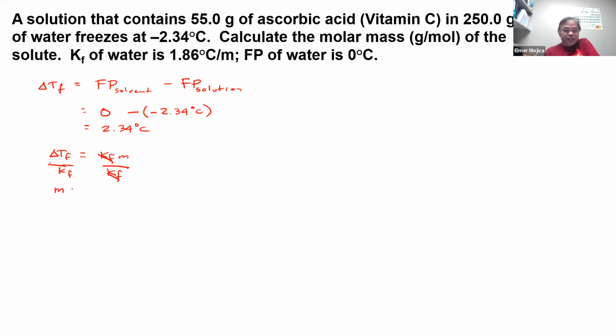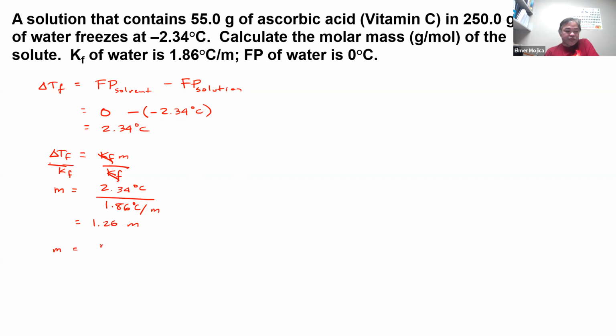So molality is equal to delta TF over Kf. So I can put 2.34 degrees Celsius divided by 1.86 degrees Celsius per molar. And if I do the operation here, I will have 1.26 molar.